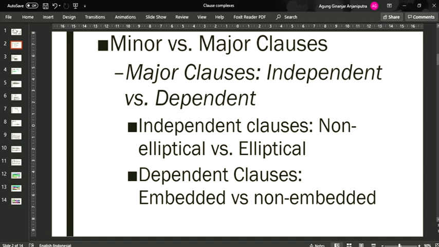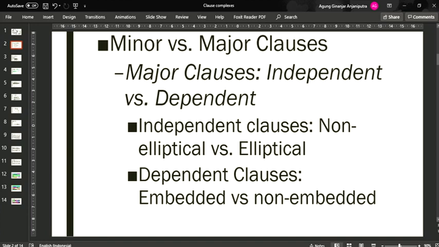And the next one, if we talk about major clauses, there are independent clauses and dependent clauses. I believe that you all learned this kind of clauses in traditional grammar, where independent clauses can stand alone and dependent clauses cannot. And in independent clauses, we have to see non-elliptical versus elliptical.